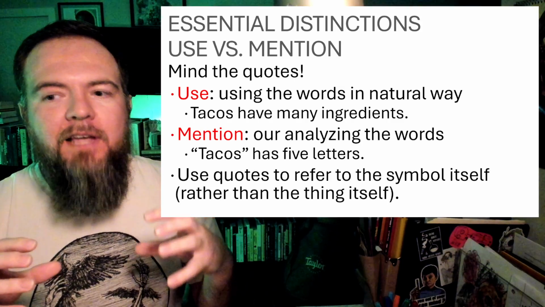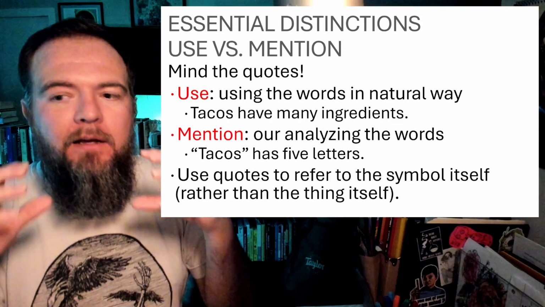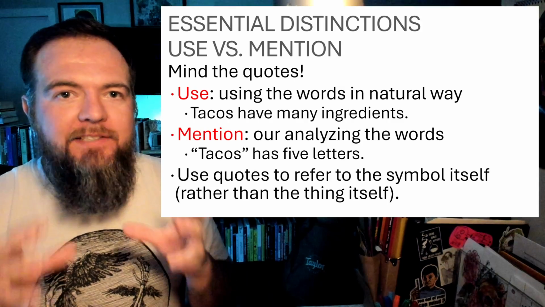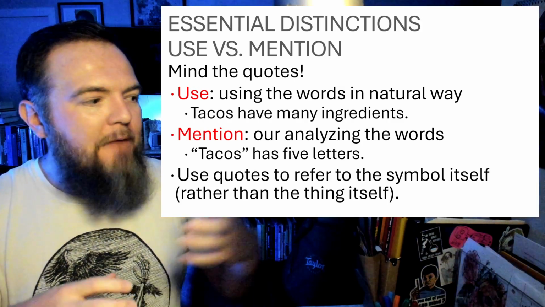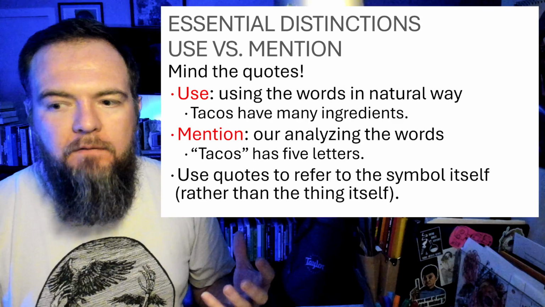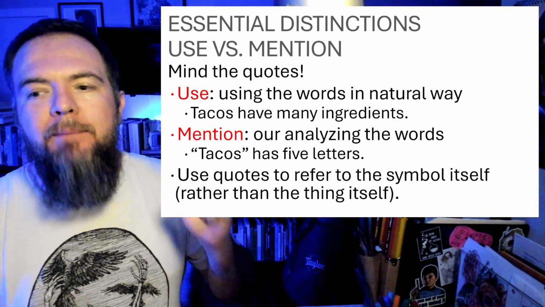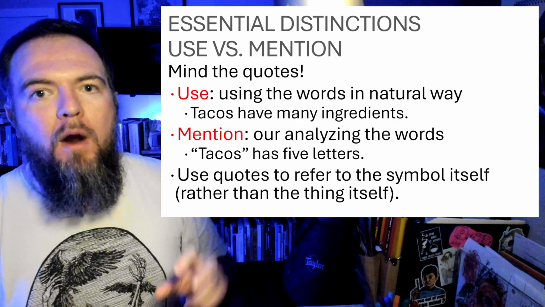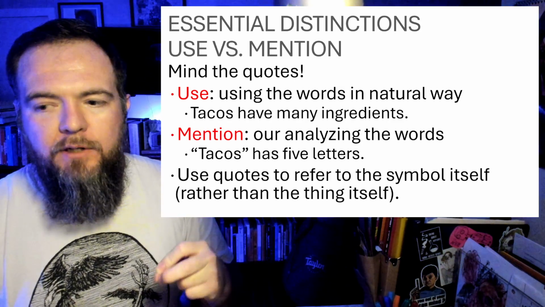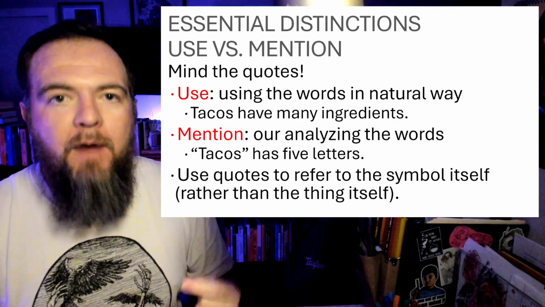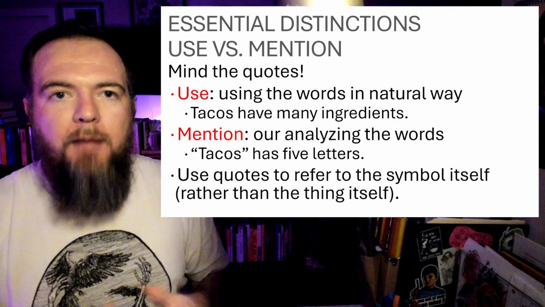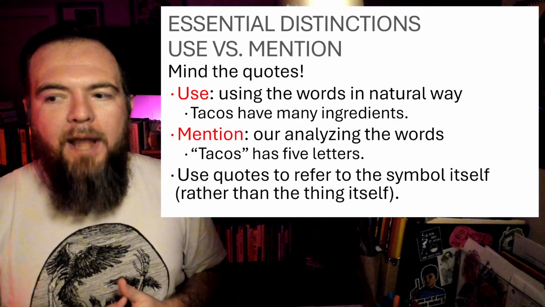And in this case, I am mentioning "tacos" as a symbol, as a word. I am not using tacos as a reference to the actual object itself. Rather, I am using my meta language to talk about the symbol, to talk about the word, to talk about the phrase, not to talk about the object itself, right?